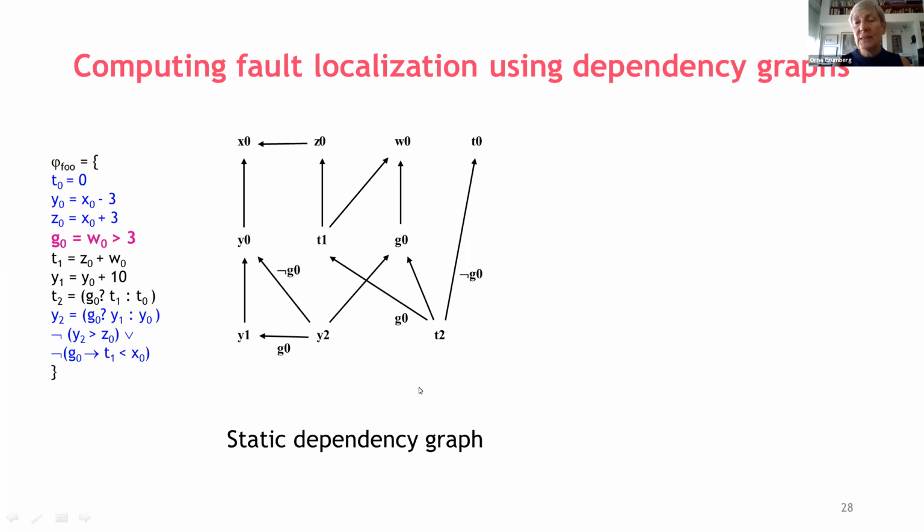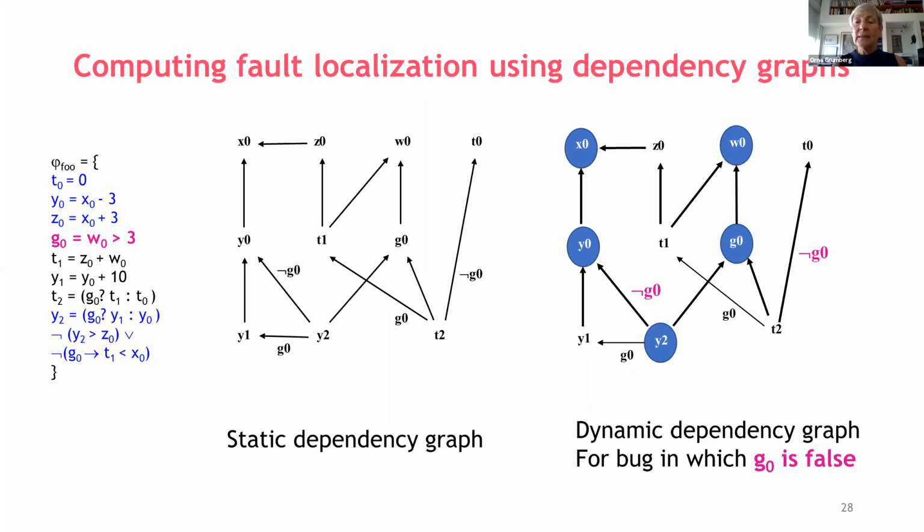But we're interested in a more specific set of dependencies which are related to the specific bug that we have. This is the dynamic dependency graph.